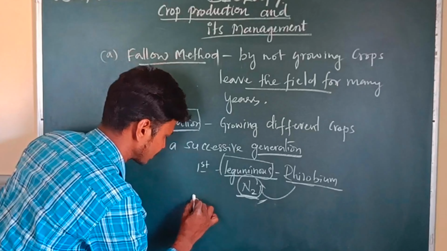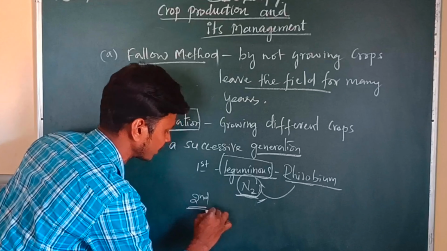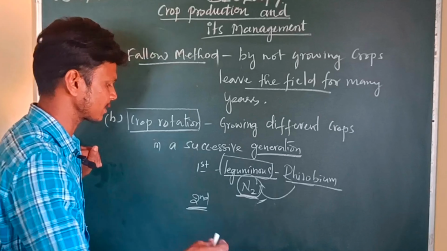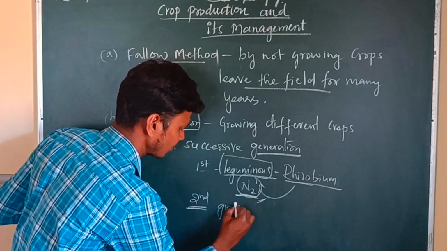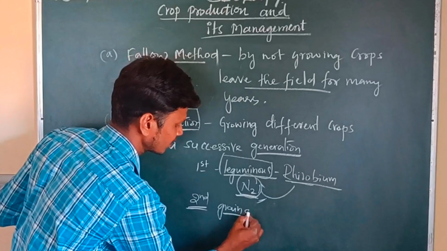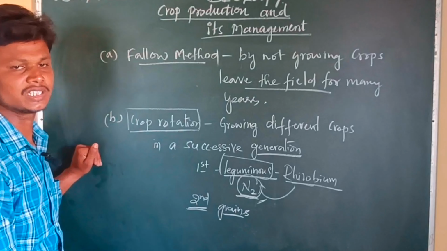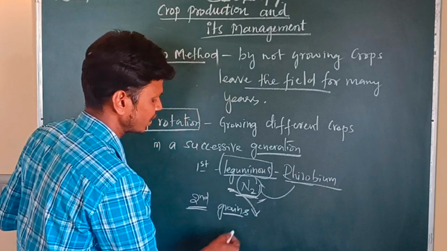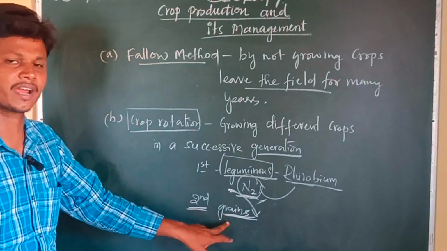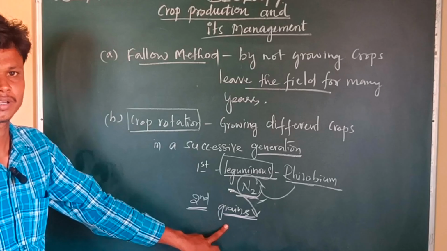In the next season, if you grow any other kind of crops like grains, what will happen? The nitrogen which is present here will be utilized by such crops.